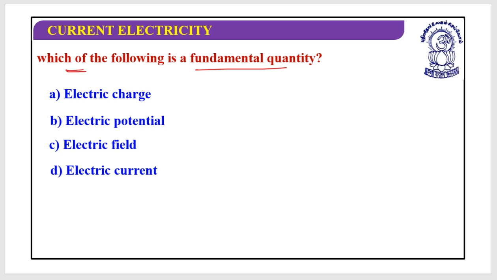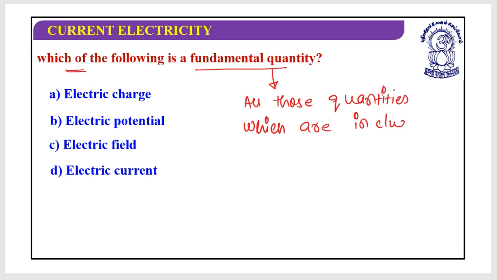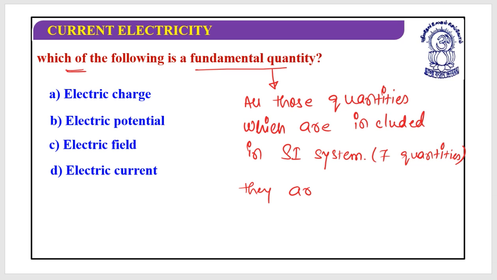We understand that all those quantities which are included in the SI system, the 7 quantities that were there, they are fundamental quantities.